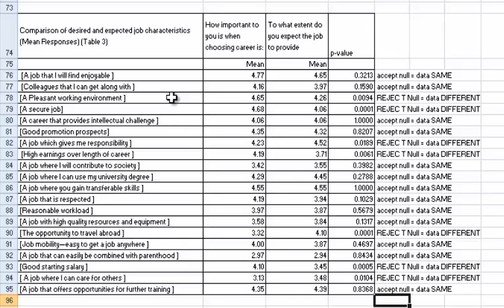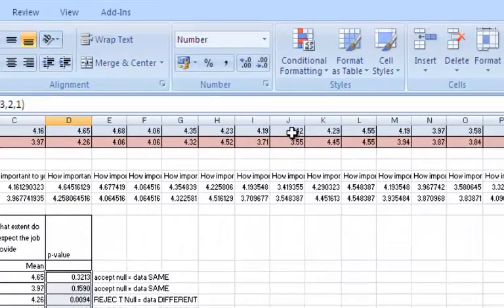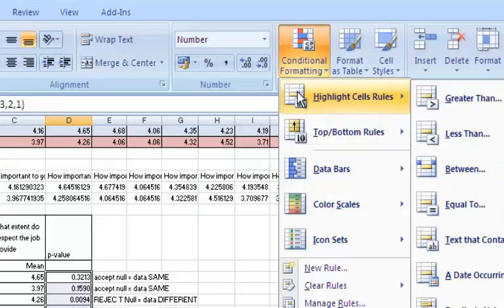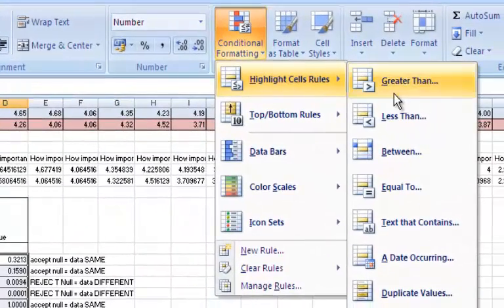I'm looking for a way of making these stand out. So I'm going to use something called conditional formatting. I'm going to highlight these cells, and I'm going to, from the Home tab, use conditional formatting, and I want to use some highlighting rules, and I want to highlight it if it's different.